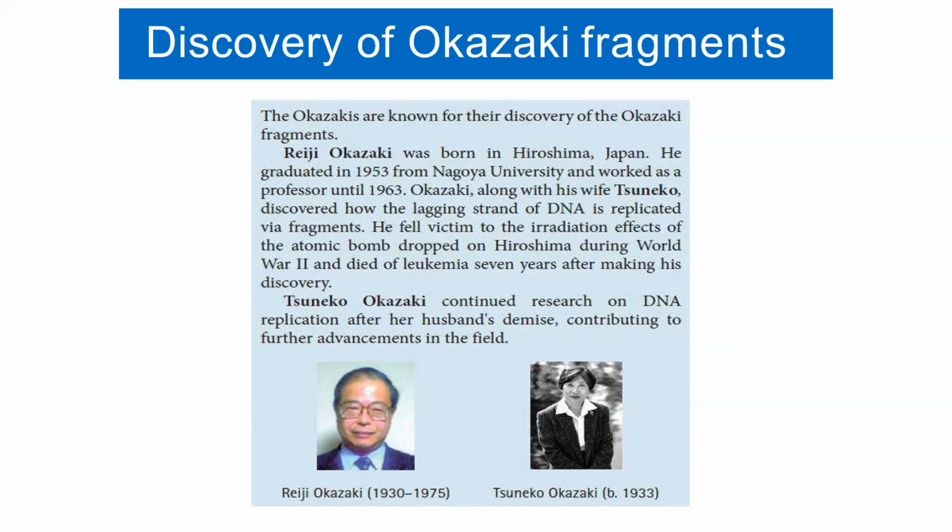So let us know about the sequence of events of DNA replication in prokaryotes and eukaryotes. This is something I have written on the discovery of Okazaki fragments. You can find this in any book.